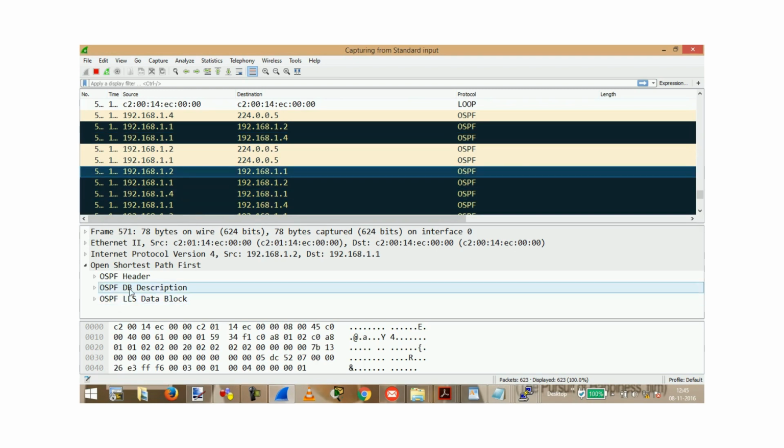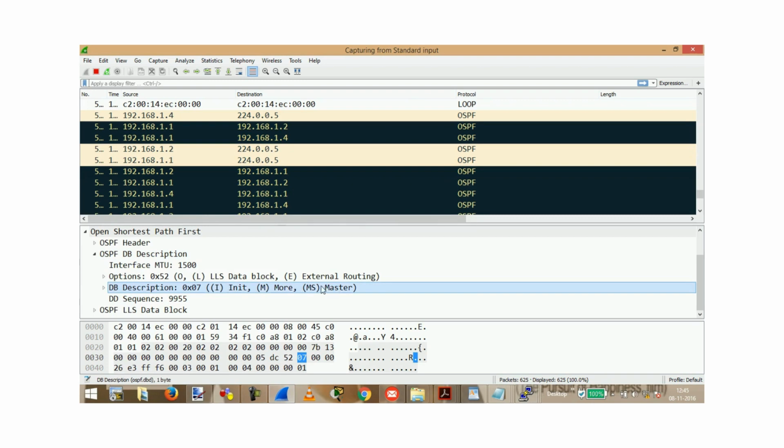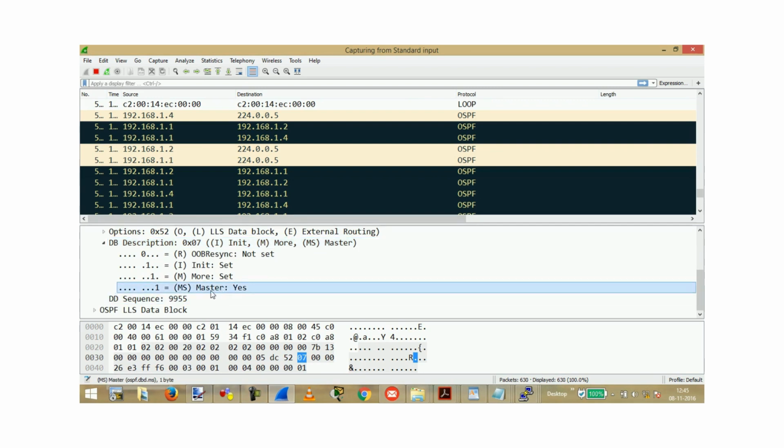So initially, with the help of the database description message, master and slave election took place. We'll not get into the details right now because it is NP level, but there is one bit, one flag, which basically tells who is the master, that I am the master. I told you about this, I think, when we talked about the poll and response process. Initially, master and slave are elected.